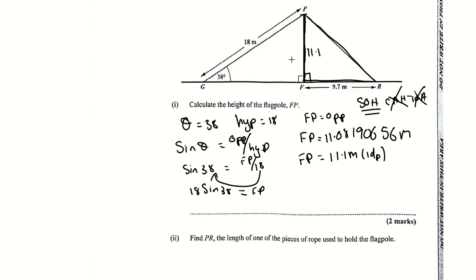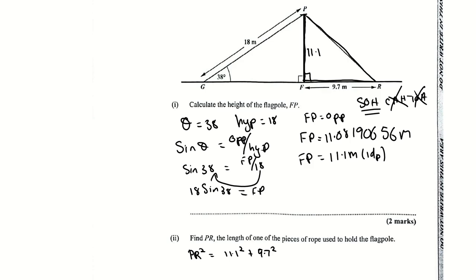So there are two triangles. Go ahead. That's your hypotenuse. So you would not use SOHCAHTOA because we don't know any angles here. However, we know Pythagoras' theorem, which is my hypotenuse squared, which is PR squared, is equal to the sum of my two sides squared. So 11.1 squared plus 9.7 squared.